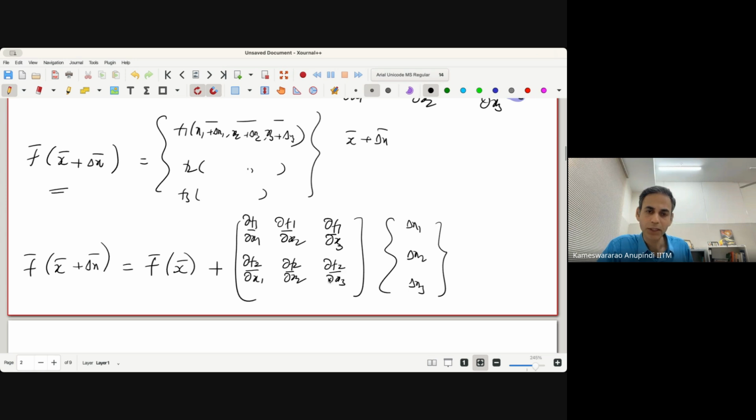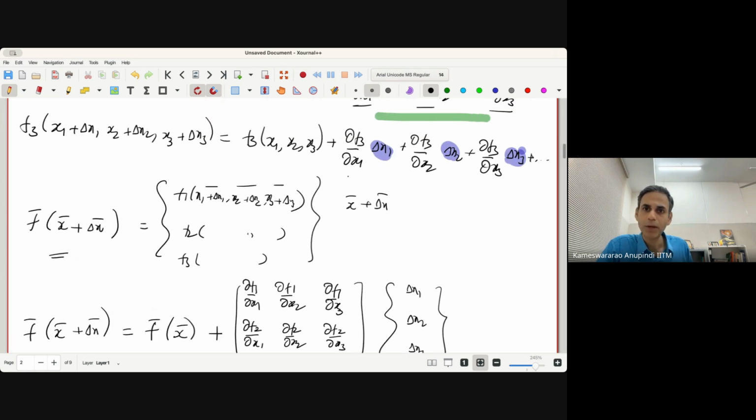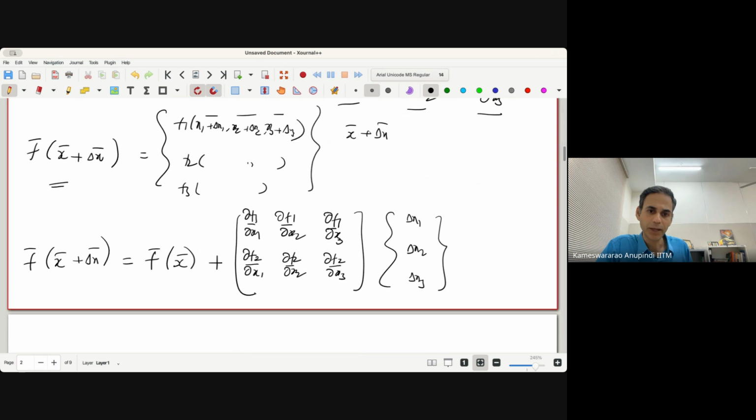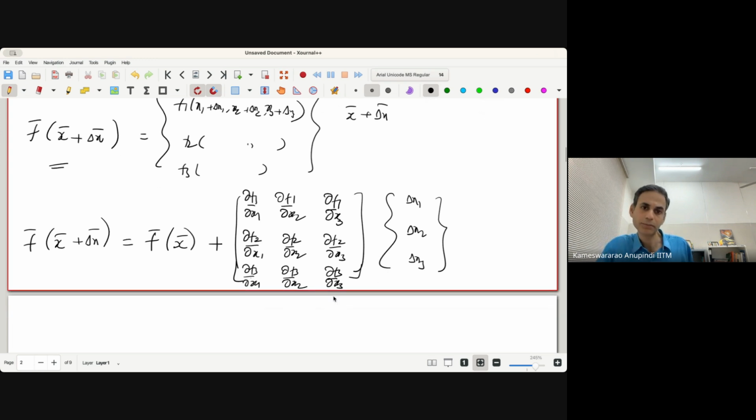Similarly, the last row is going to be partial f3 by partial x1, partial f3 by partial x2, partial f3 by partial x3. So that is what our system is going to look like.